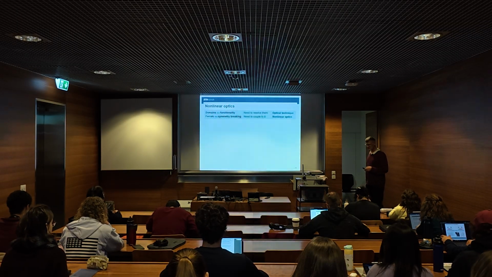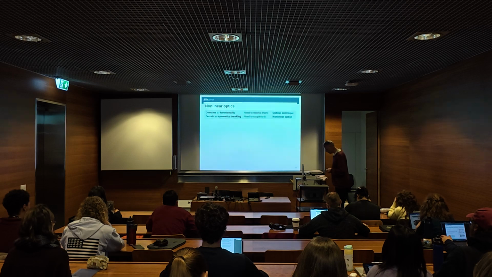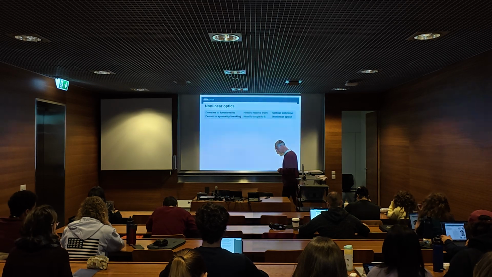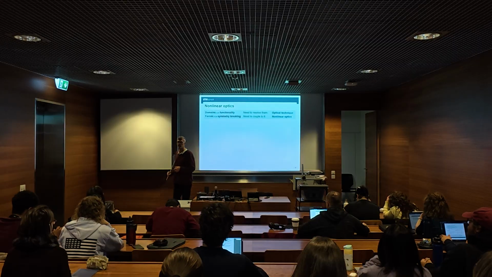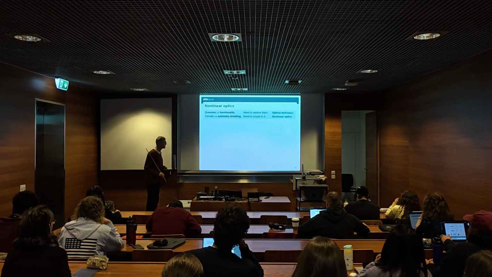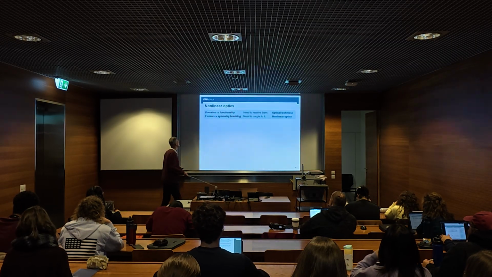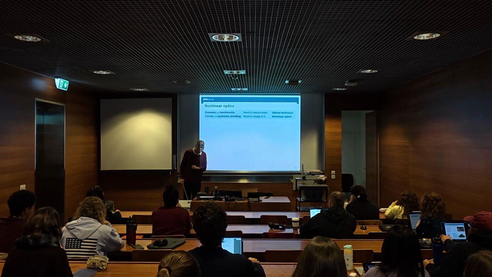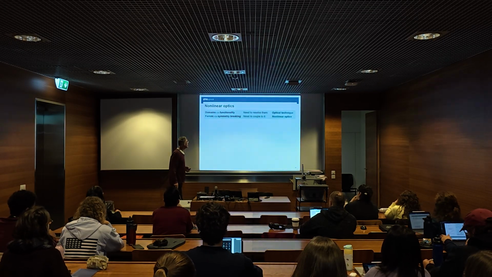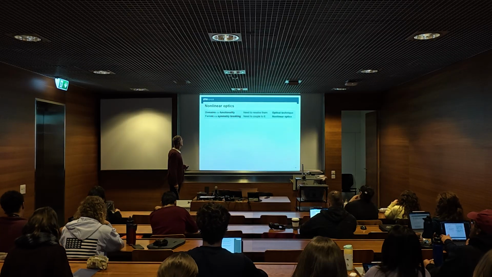Good. Then, now comes something that is a bit more special, but still powerful, and that's one of these things where I always say this is what you get here at ETH in this department, and not so much elsewhere. And that's the use of nonlinear optics to show domain patterns.